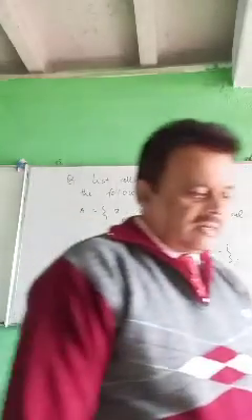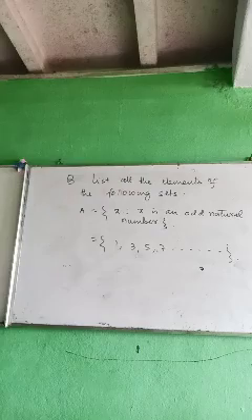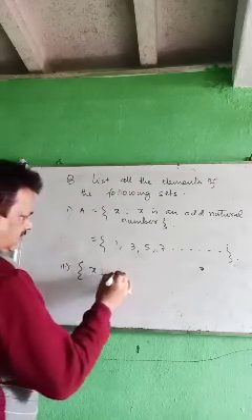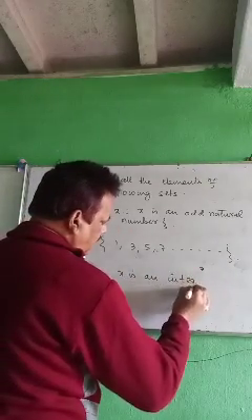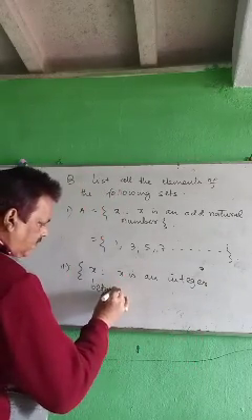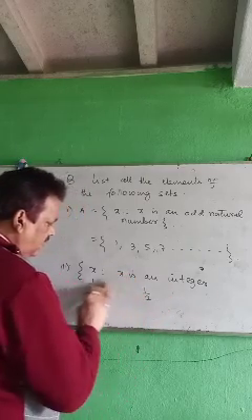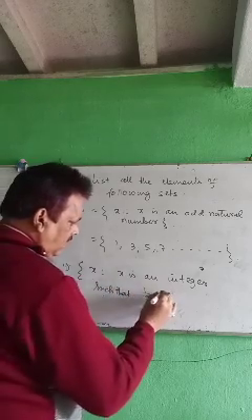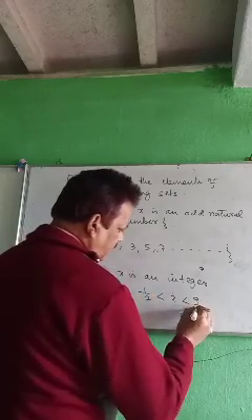Okay. Similarly, suppose you take x is an integer between 1 by 2 and 9 by 2. Set of all x such that x is an integer between 1 by 2, or you can write such that 1 by 2 less than x less than 9 by 2.